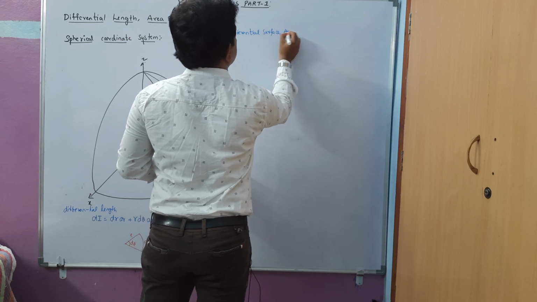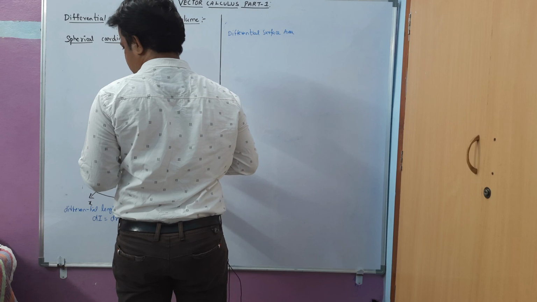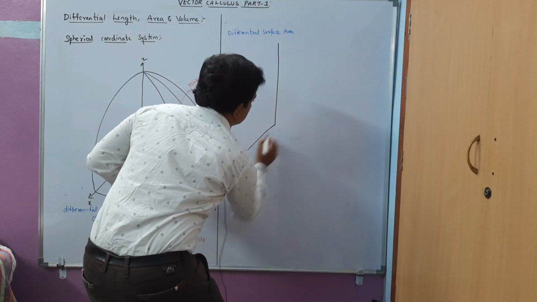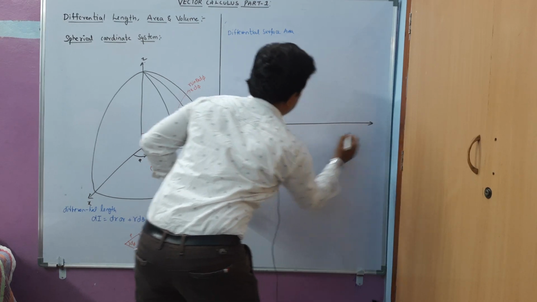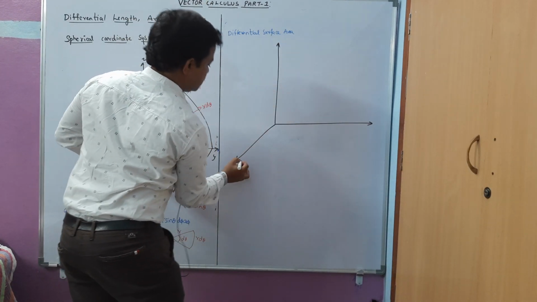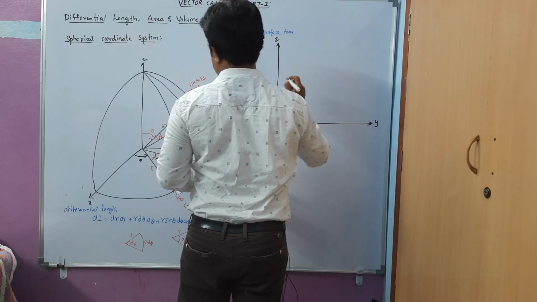In order to see that, we have to draw three diagrams, as we have drawn for the Cartesian as well as for the cylindrical system. This is the x axis, this is the y axis and this is the z axis.